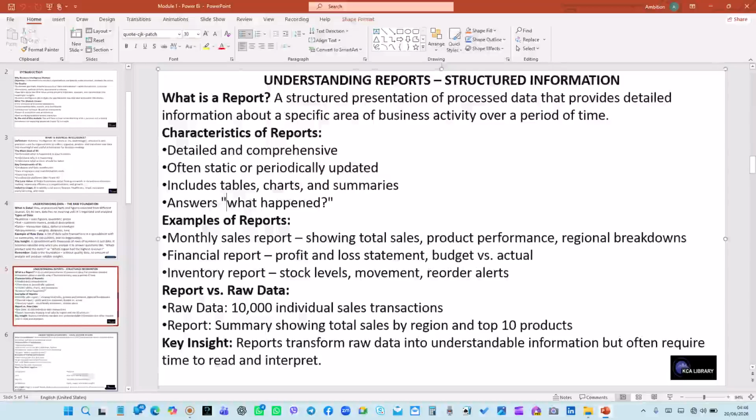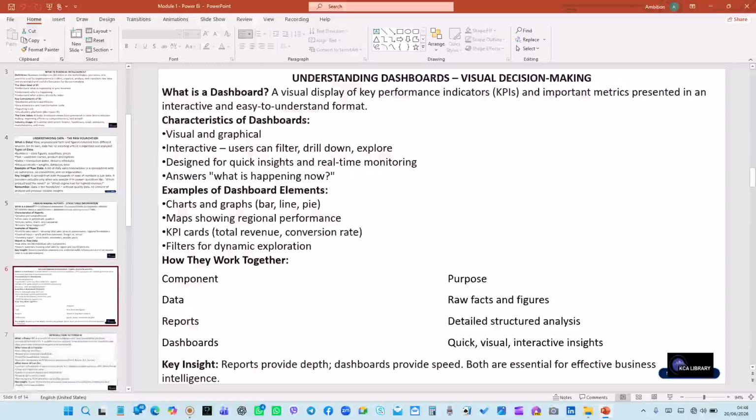Now, let us look at understanding the dashboard, that is visual decision making. A dashboard is a visual display of key performance indicators, that is KPIs, and important metrics presented in an interactive and easy to understand format.